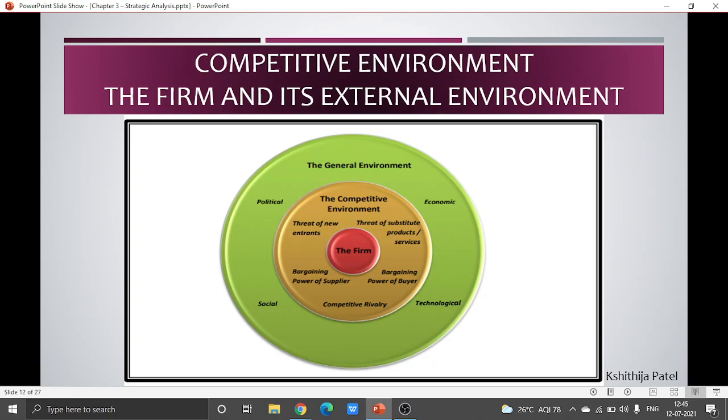And that is where it becomes imperative for organizations to always have an in-depth understanding of industry competitive characteristics as a part of external analysis and to help them shape their future strategies.